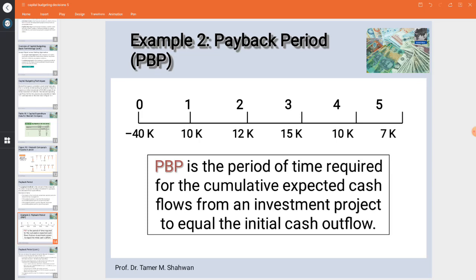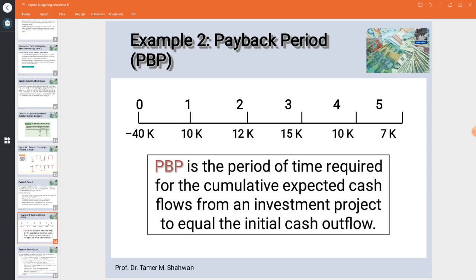So this is about 37,000. This means that our payback period will be between year 3 and 4. But then it will be 3 plus something. So we take the difference between 40 and 37.